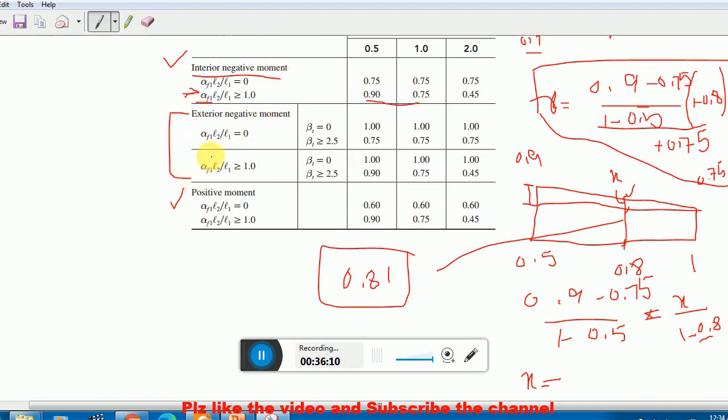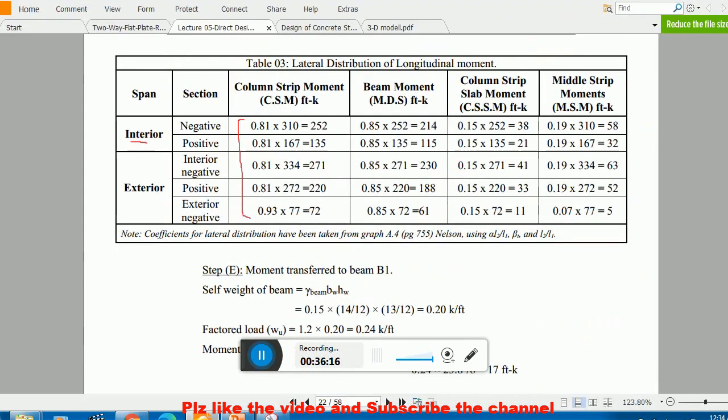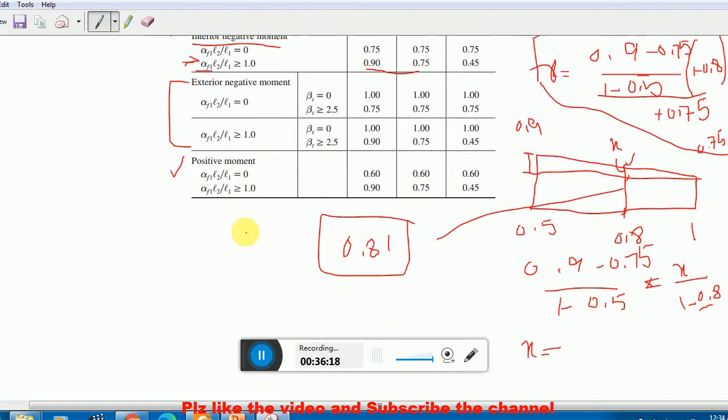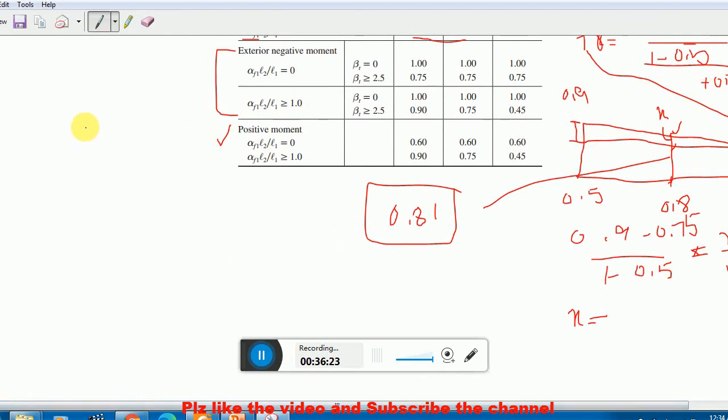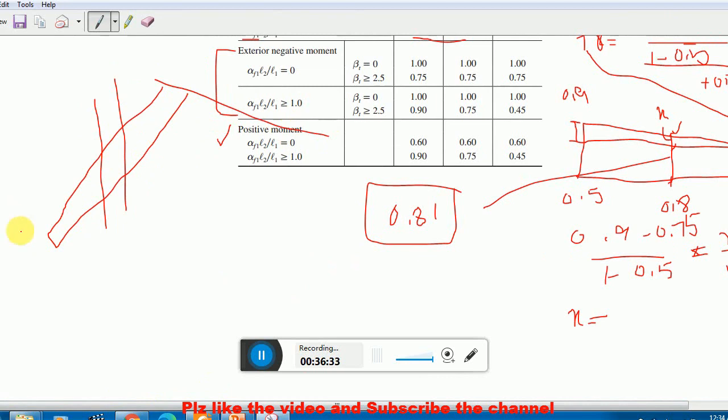But for exterior, we now have to use the torsional factor, that is beta t. Why we are using this torsional factor is also a very important question, and I would like to give you the answer. Remember, we have an H column and we have an H beam, and here we have a slab system.